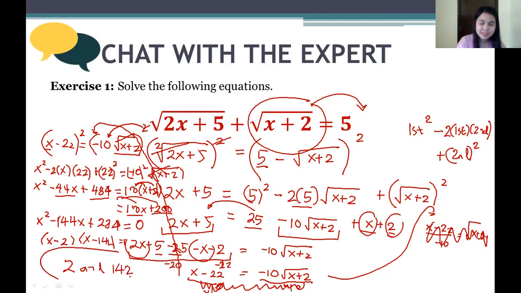You need to verify that first before declaring the final answer. And if you verify it, you'll find that 142 is an extraneous solution and only 2 is a solution. Any questions? Sorry for the messy board.